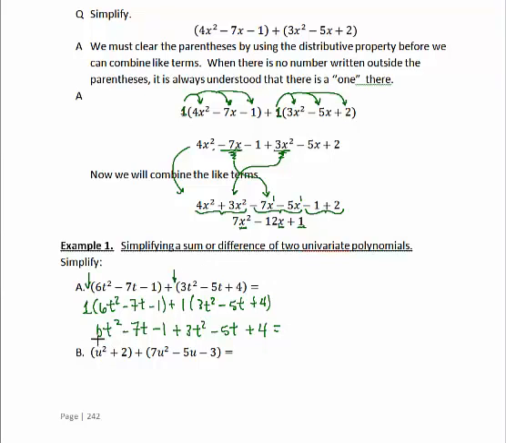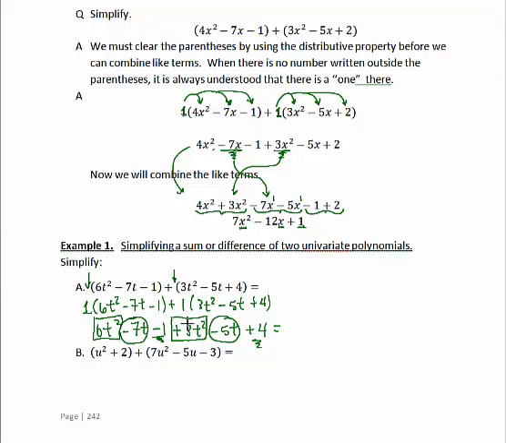At this point, we have like terms with the 6t squared and the plus 3t squared. Then we have like terms of negative 7t and negative 5t. I'll circle those. And then we have the constants, negative 1 and positive 4. And we're simply going to add these together.